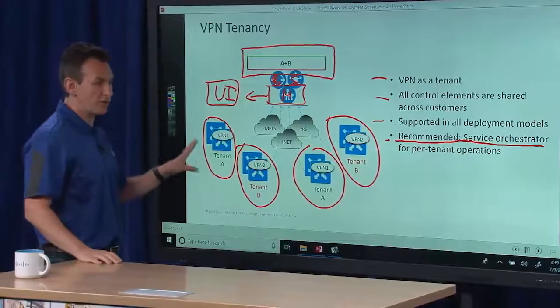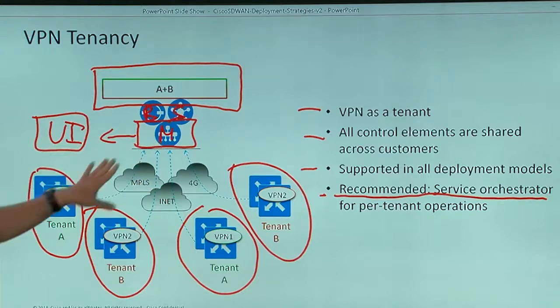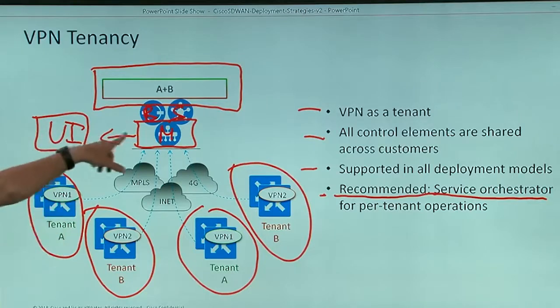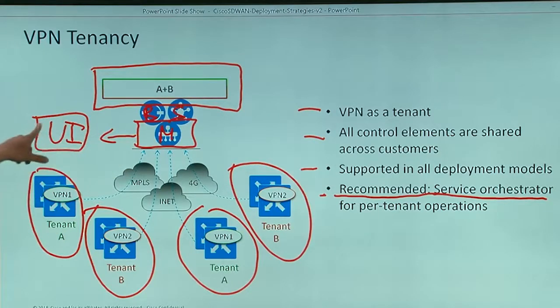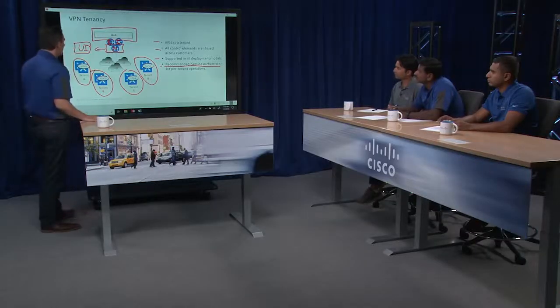So when you perform certain functions, vManage itself may not be 100% aware that a VPN is a tenant, but by exposing this modified user interface, different from the one that vManage exposes by default, you can force a certain operational flow that would prevent somebody from inadvertently taking actions on VPNs that they didn't really intend to, right?